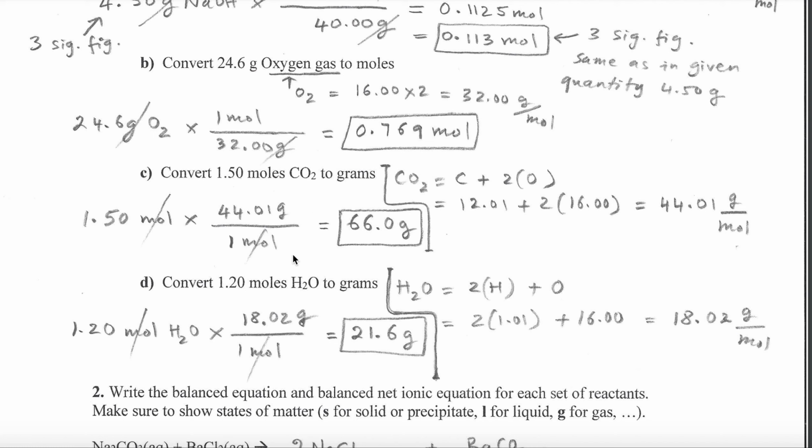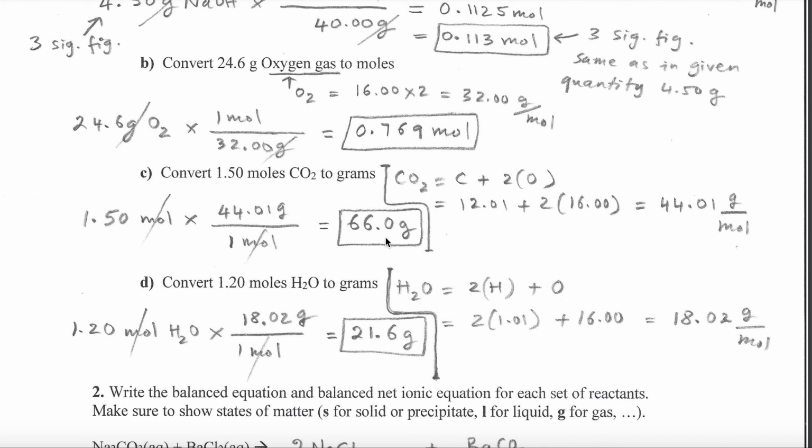There's no number, it means 1. When you put 1, it doesn't change anything, especially for multiplying and dividing. So 1.5 moles times 44.01 divided by 1, we should get about 66 grams if we round it off. Again, that's 3 significant figures.